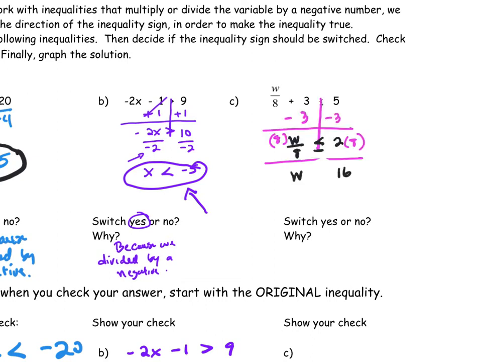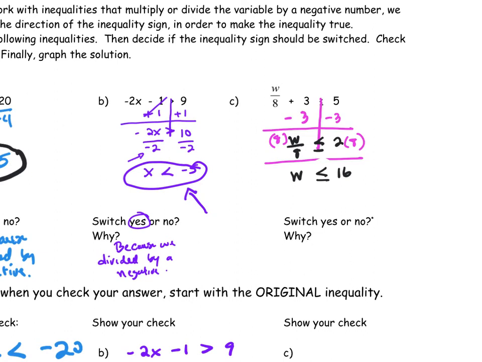Okay, you should have subtracted 3 on both sides, then multiplied by 8, and it has to be in that order. And now we need to decide whether we switch the inequality sign, yes or no. Well, it turned out it's no, because we did not divide or multiply by a negative. It's not because we multiplied this time, it's because we didn't use a negative.